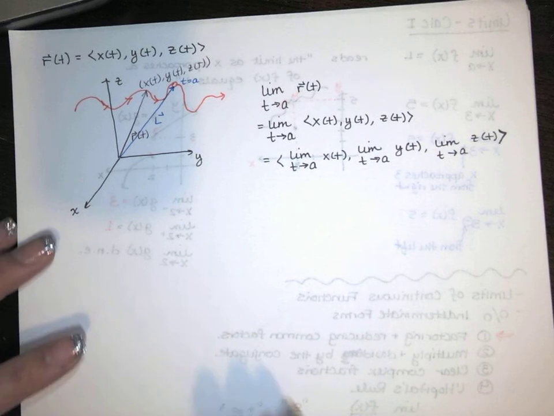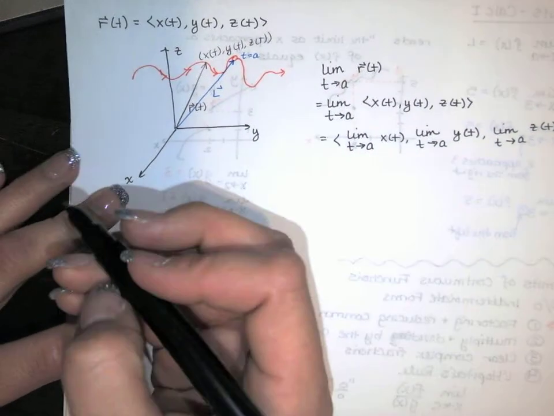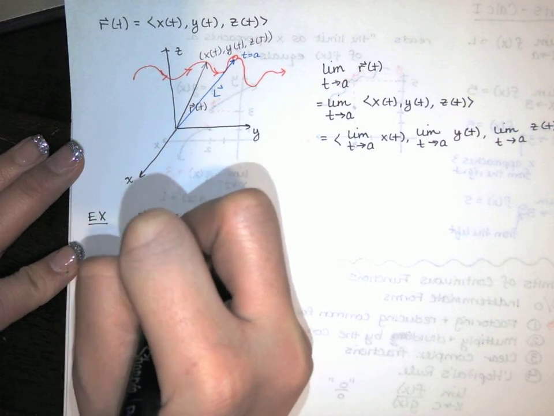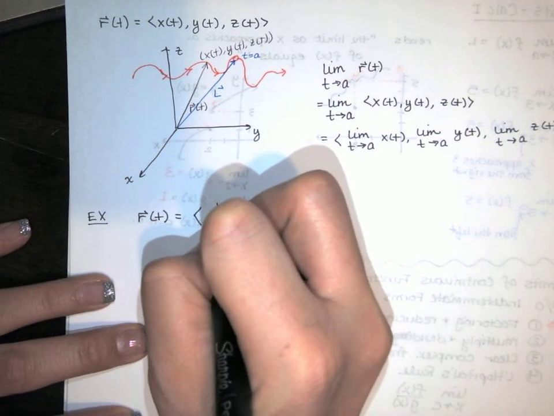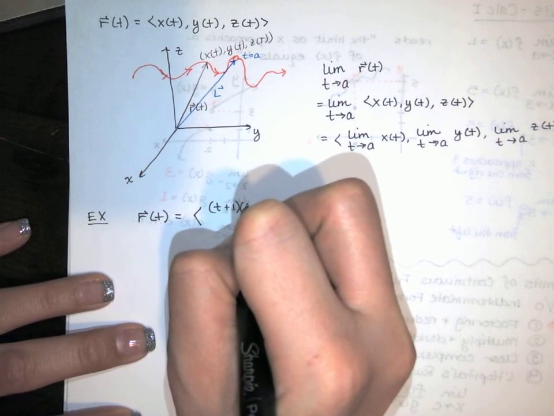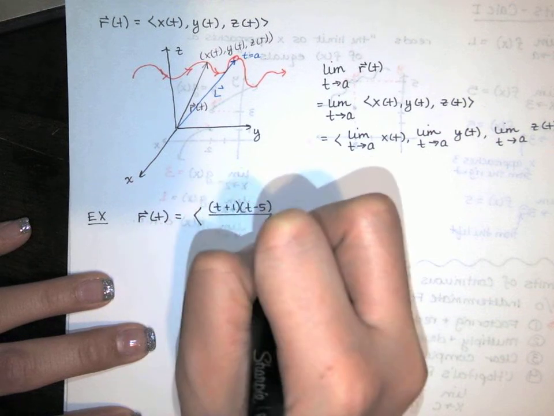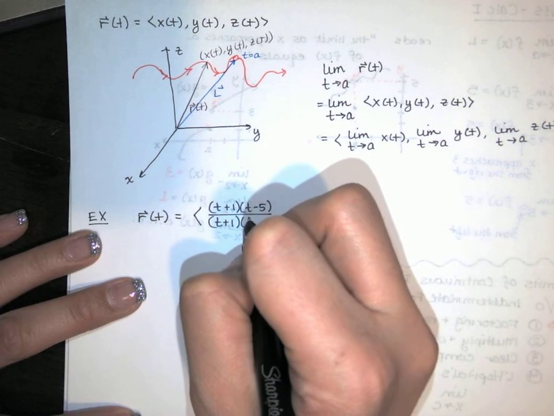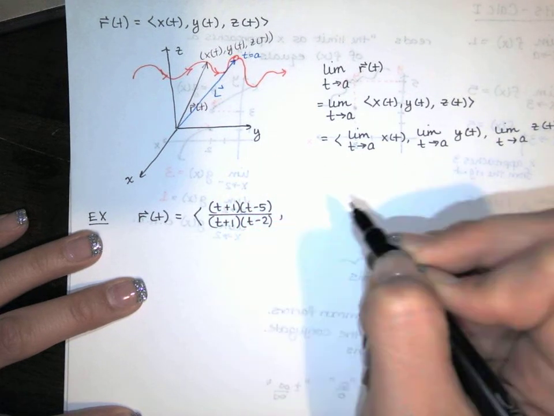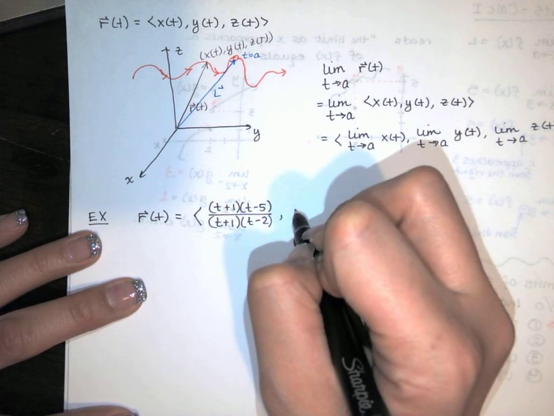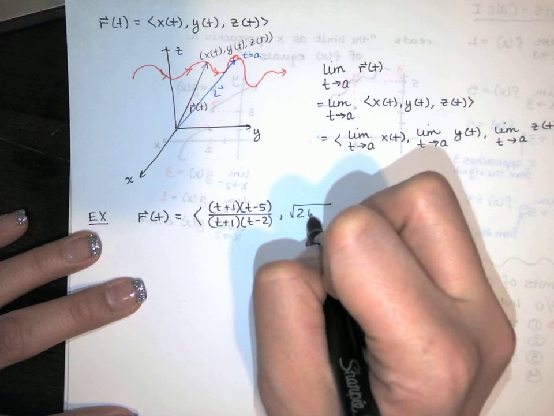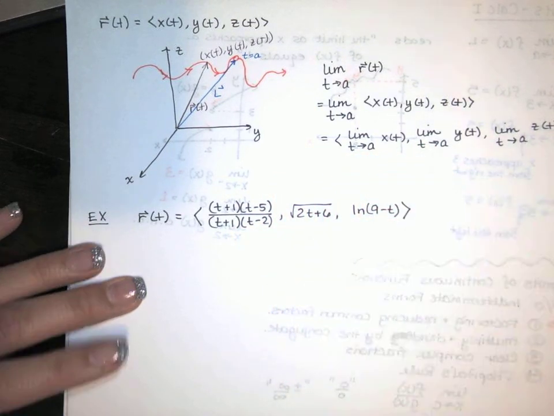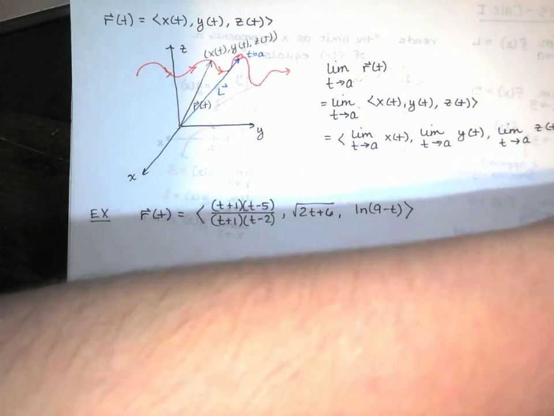Let's use that function that we used for our domain example. Let's say we have r of t and it has these components. So in another video, we found the domain of this r of t.